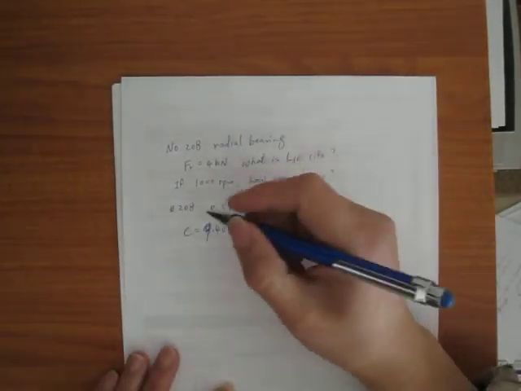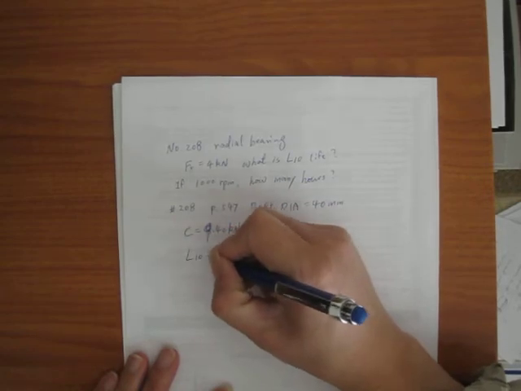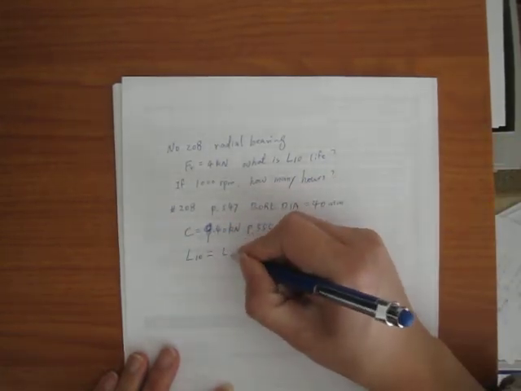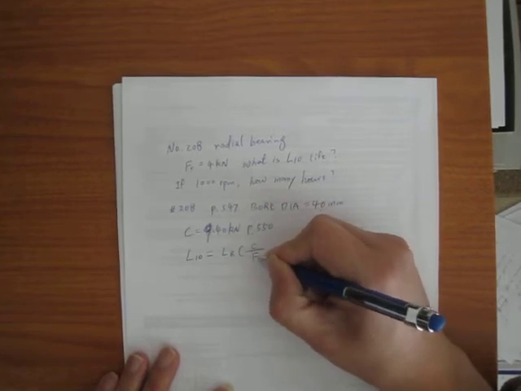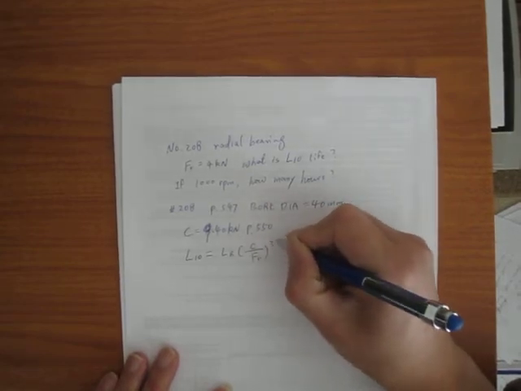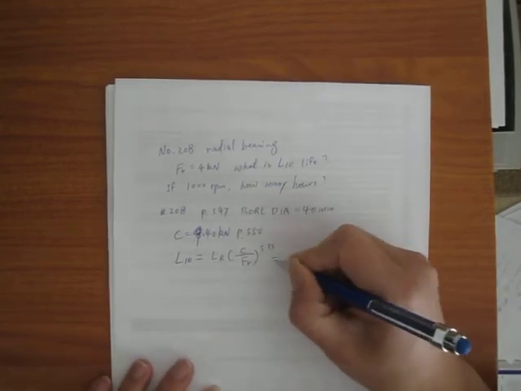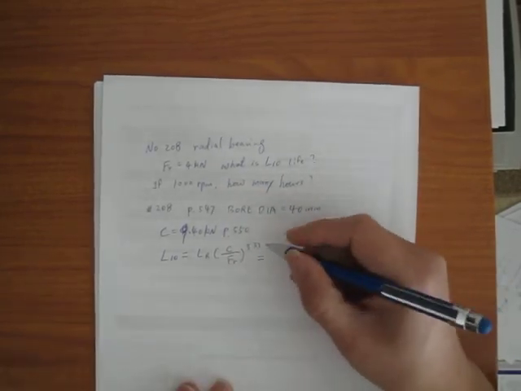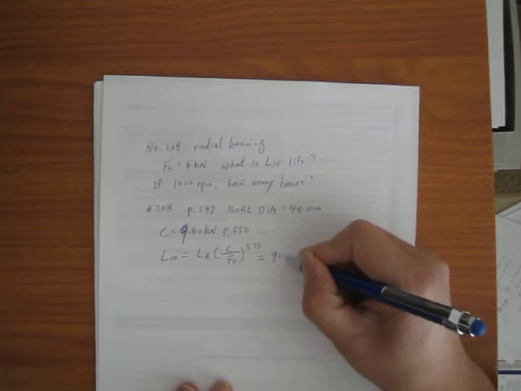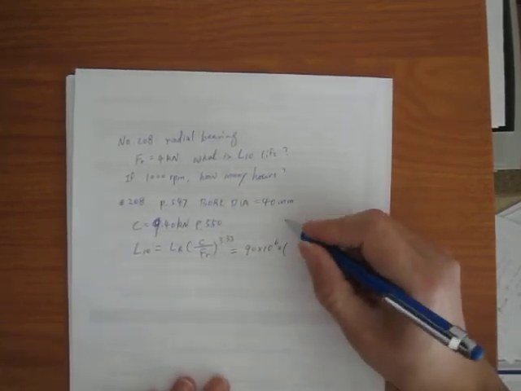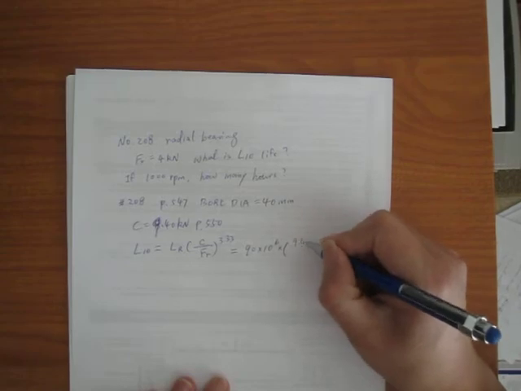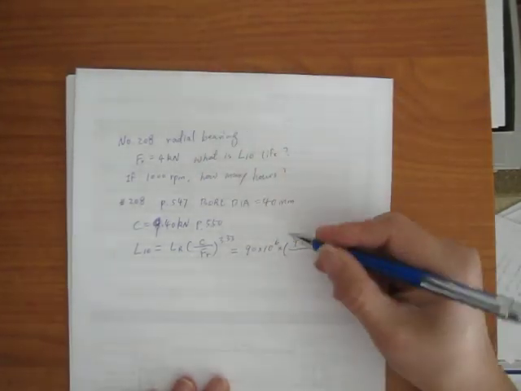So L10 is equal to LR times (C over FR) to the 3.33. You put in these numbers: 90 times 10 to the 6, times C, which is 9.4 kilonewton, over 4 kilonewton.